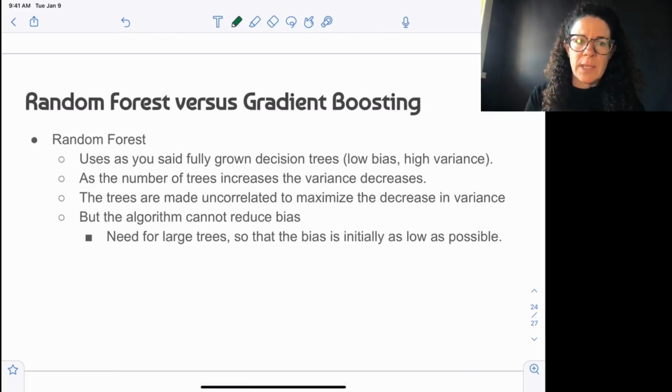As we talked about, random forest uses fully grown decision trees that have low bias and high variance. As the number of trees increases, the variance of the model is going to decrease. The algorithm cannot reduce bias, so the trees have to be deep enough so that you have low bias.